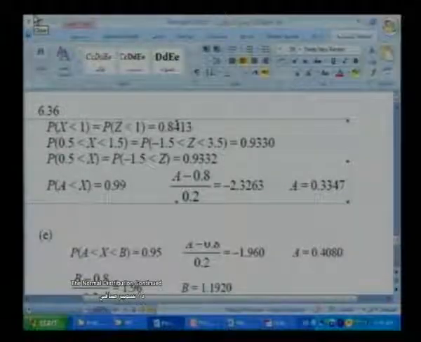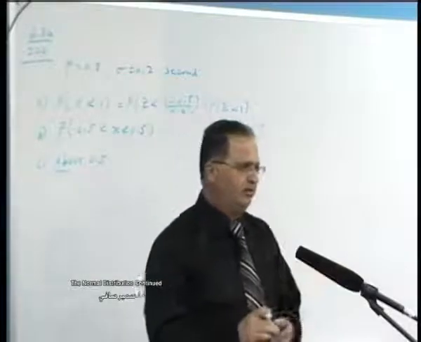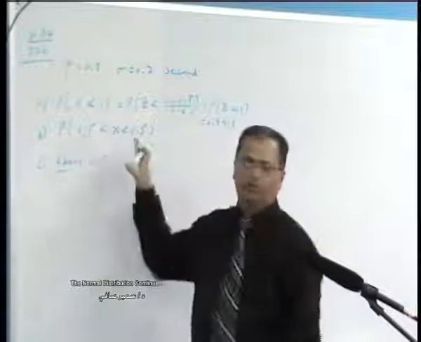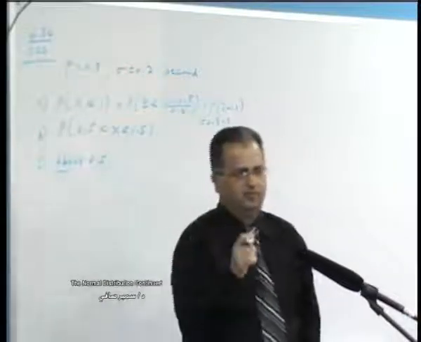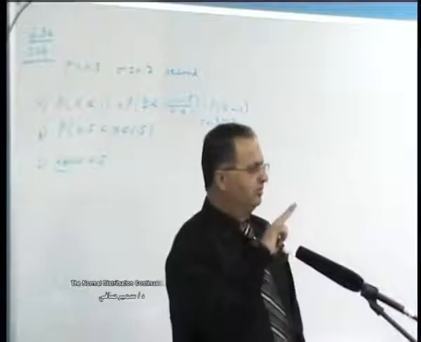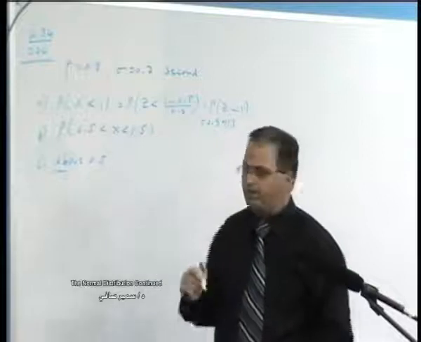Part B. Now the probability is between two values, 0.5 and 1.5. So we have to find the z values for the corresponding x, 0.5 and 1.5.